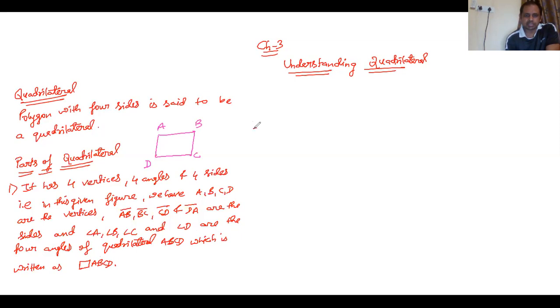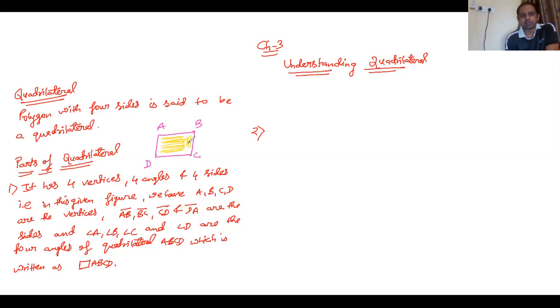Again, the second thing is, if you have drawn this figure on any plain paper, this figure divides the plane into two parts. One part is inside this figure, and one part is outside. Inside this figure is said to be the interior.